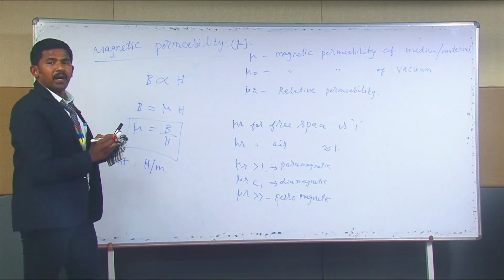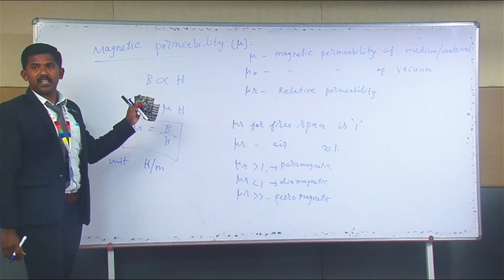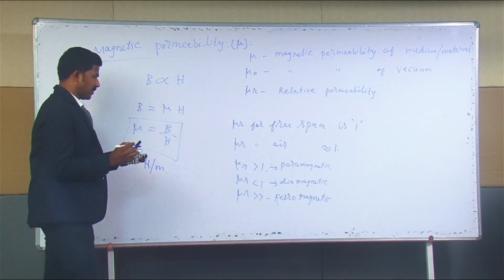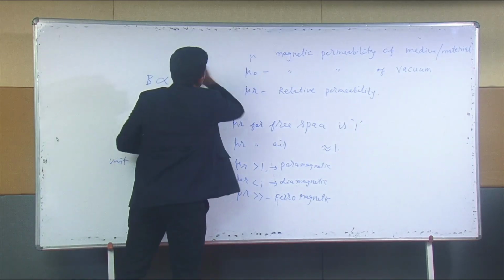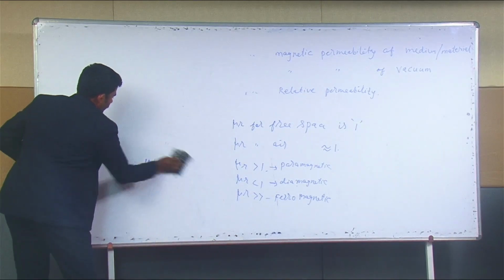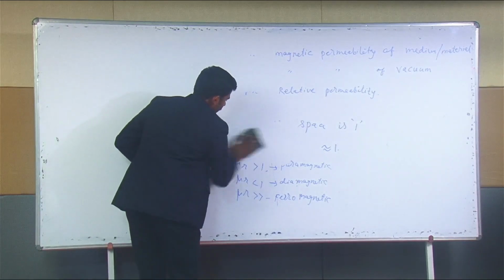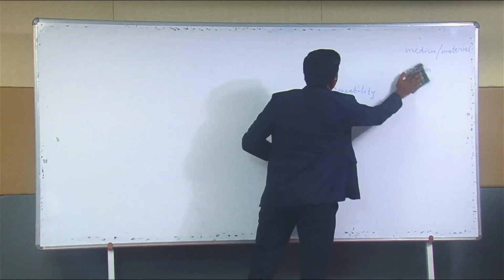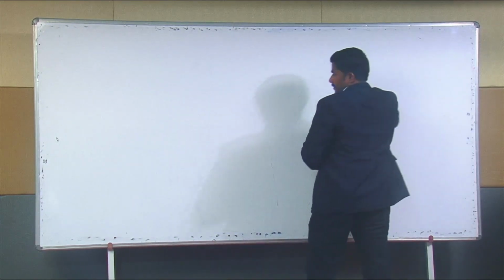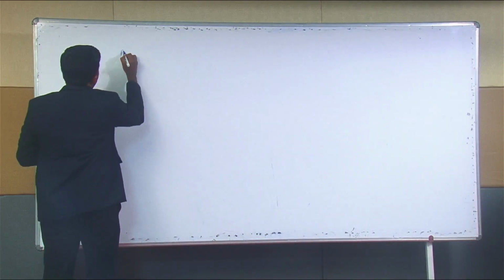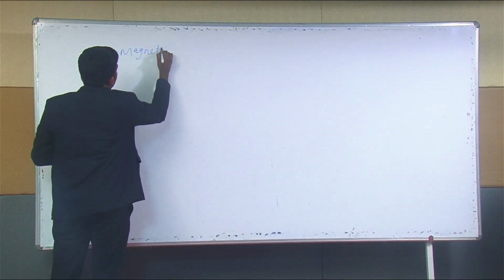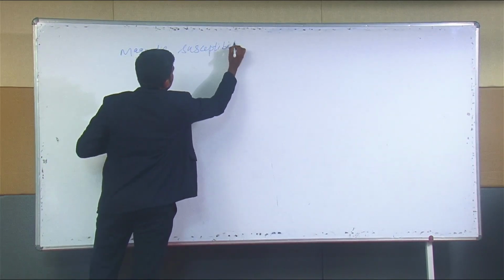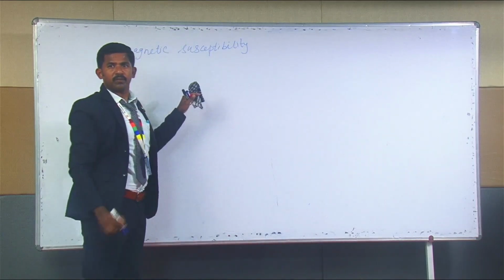Next we will see the magnetic susceptibility, because magnetic permeability and magnetic susceptibility are both very important terms in understanding magnetism, or the magnetic properties of a material. It is denoted by chi.